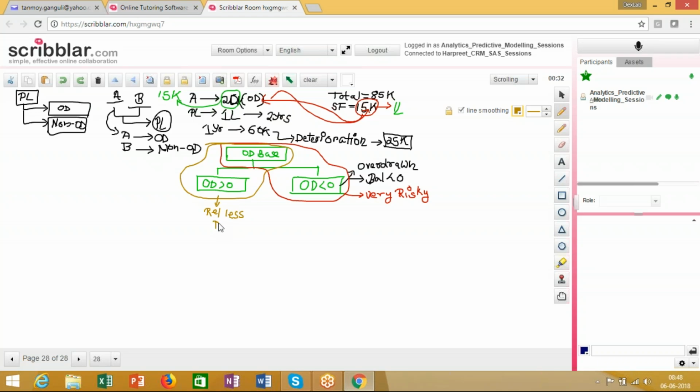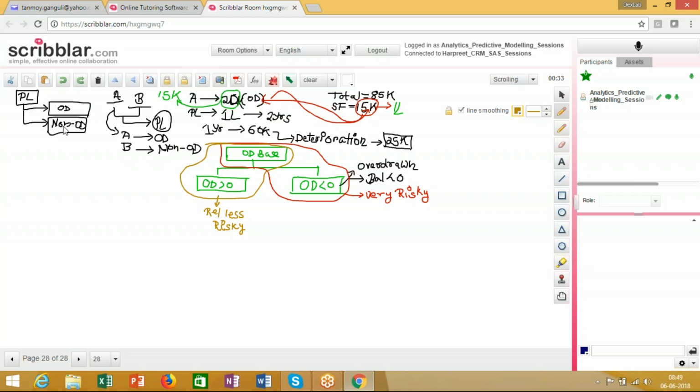Given that all other acquisition factors remain unchanged across the classes, this is what the overall factors are. Now, let us concentrate between these two borrowers, the overdraft balance and the non-overdraft balance.